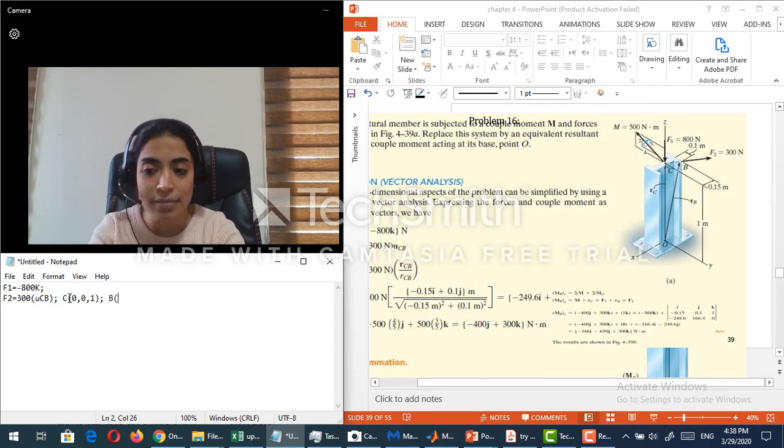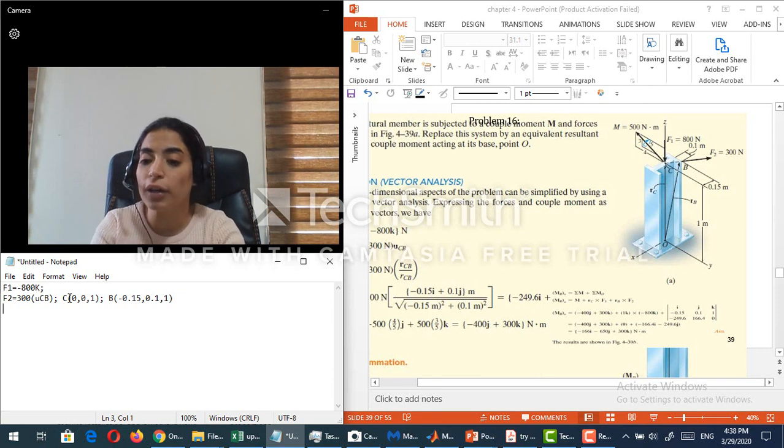Now B has the same Z as C, so of course B also has a Z of 1. However, B has an X of minus 0.15 because it is on the opposite side of the positive X, a positive Y of 0.1, and the same Z of 1, so I can find the vector CB, and from this vector I can find UCB.